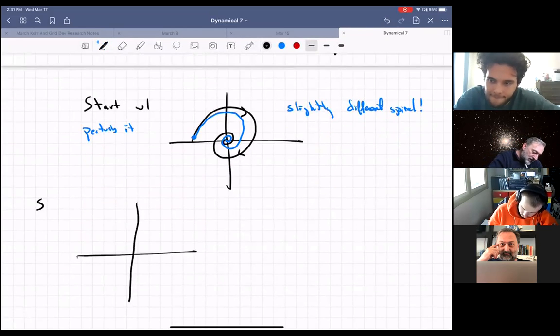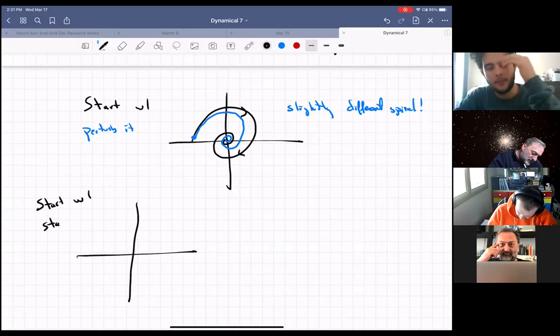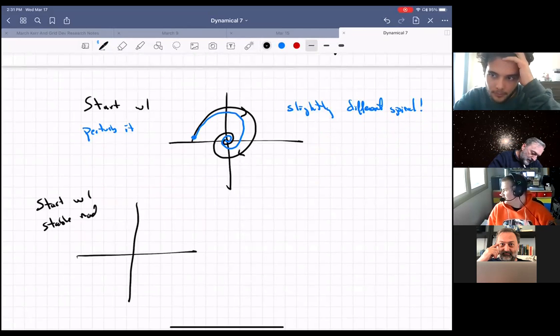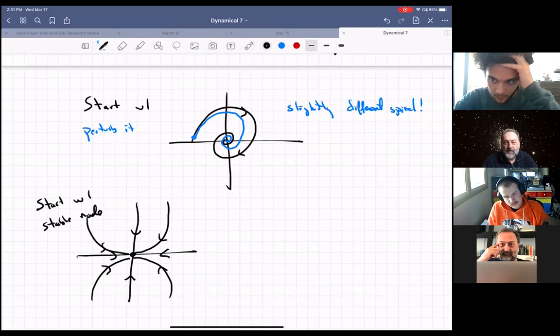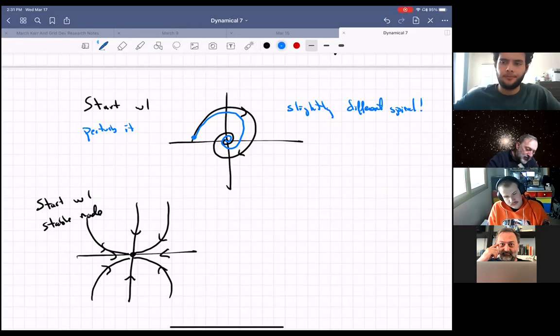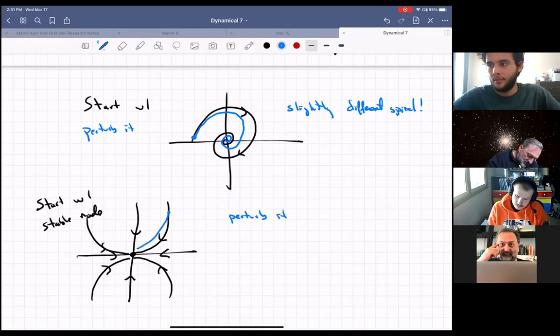So if you start with a stable node, so here a stable node means, you know, I'm coming in, say, this way. Right? If I perturb my stable node and I start up here, I'm still going to end up down in there, right?